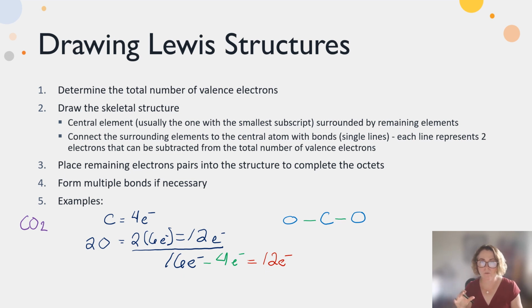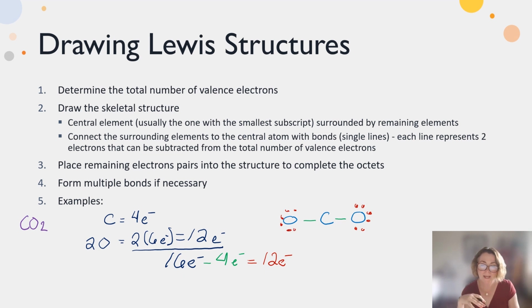Now, here's where I see people make mistakes. My recommendation is that you take those extra electrons and always put them on the outside atoms first, and then if you have any left over, put them on that middle atom. So I'm going to take these 12 electrons and I'm going to put them on my oxygens. Okay.